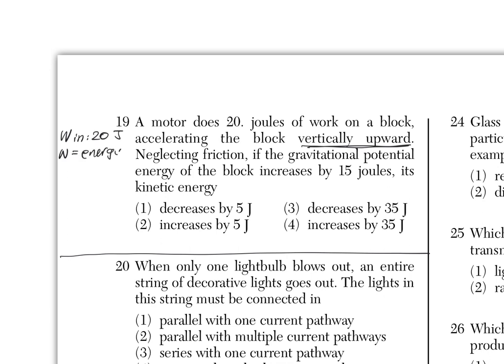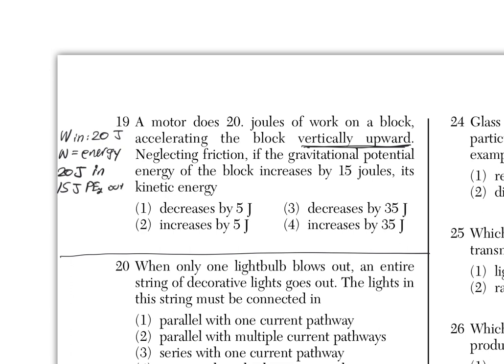So you would think that if you did 20 joules of work lifting something vertically upwards, then you would get 20 joules of gravitational potential energy. But we don't. We only get 15 joules.